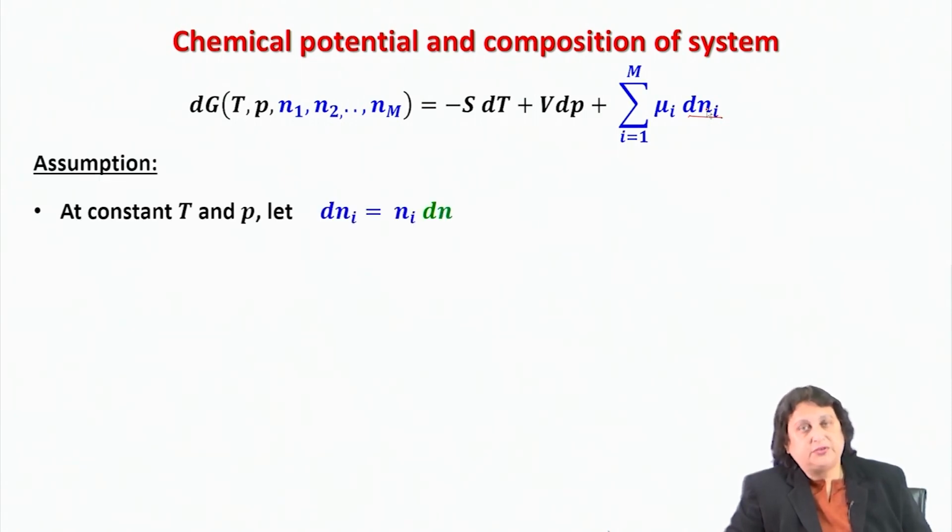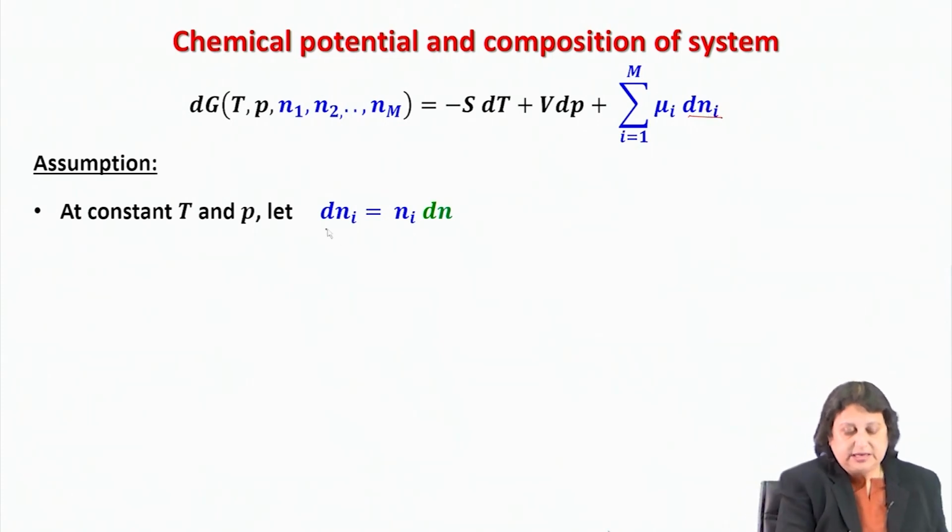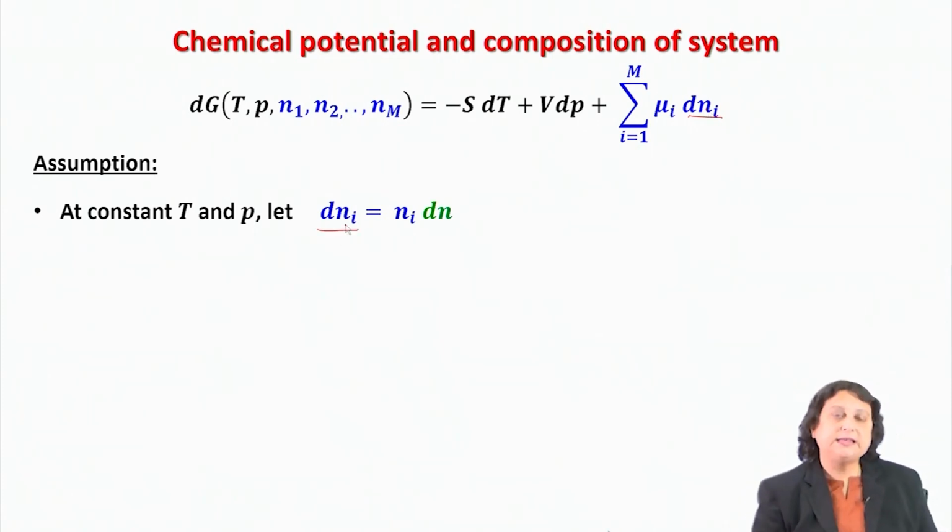My assumption for this case would be, let me change the composition of each component by the same extent. So if I have the ith component with composition Ni, I will introduce dNi as Ni into dN.